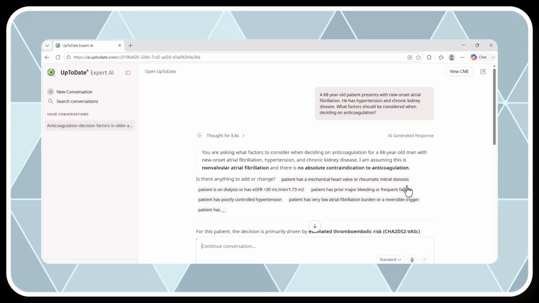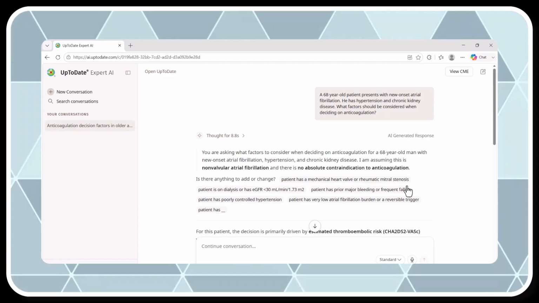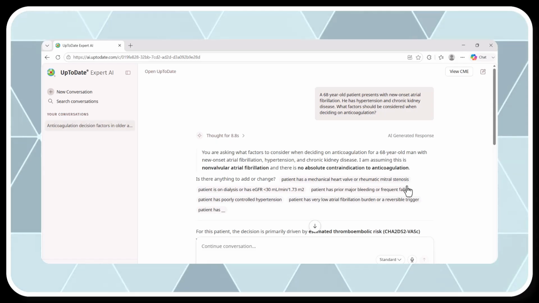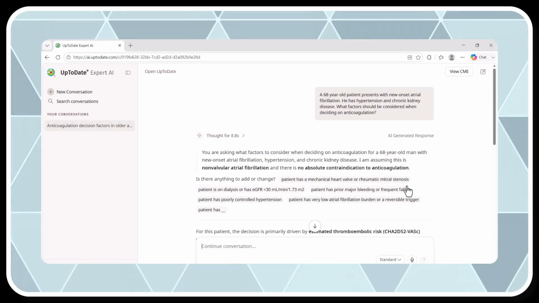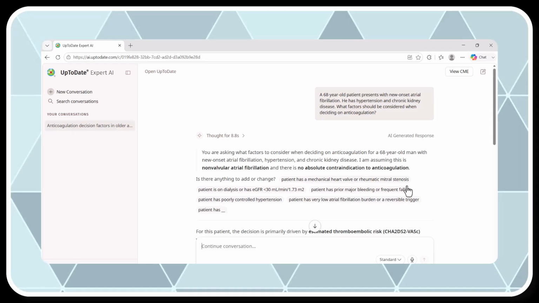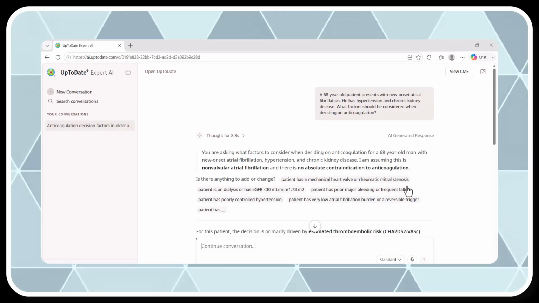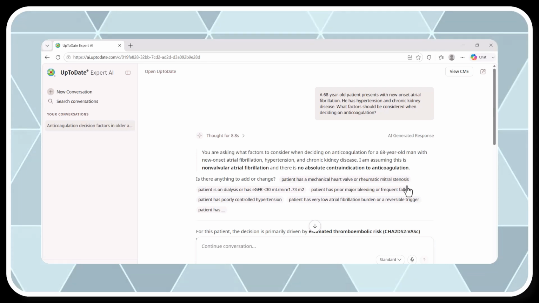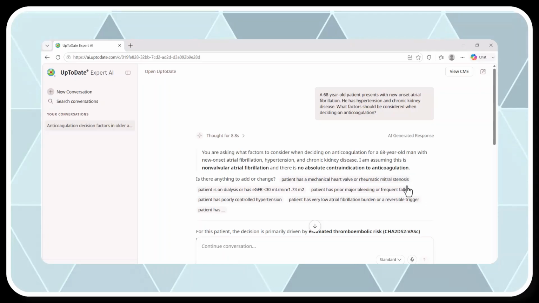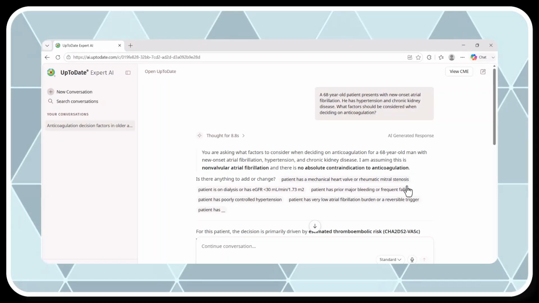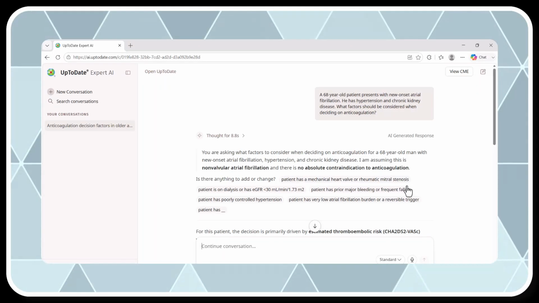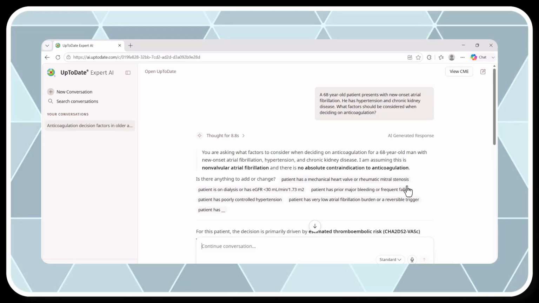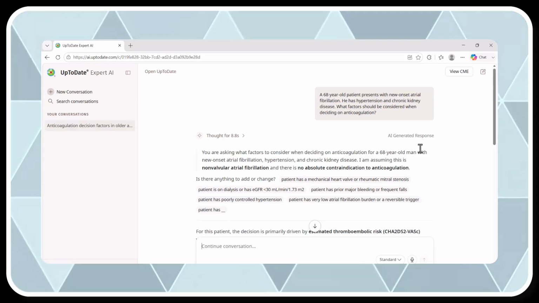So instead of silently making assumptions, Expert AI explicitly tells us what it is assuming. For example, it is assuming non-valvular atrial fibrillation and there is no absolute contraindication to anticoagulation. This gives the user an opportunity to review those assumptions before proceeding.